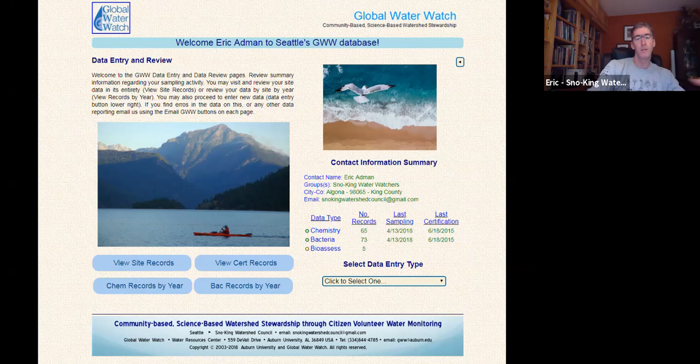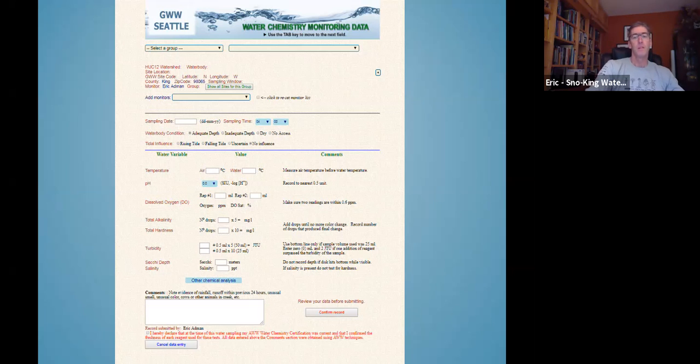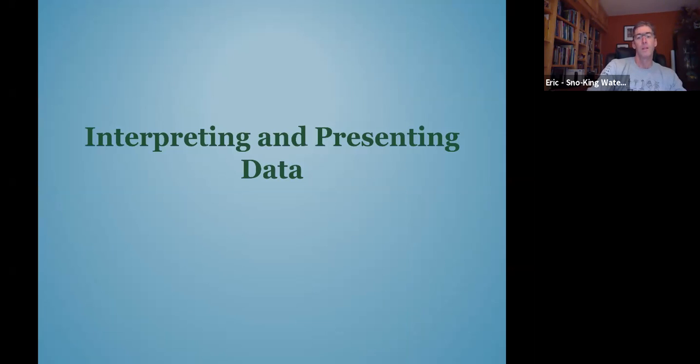So I can either view data or I can enter data from this point. This would be the data entry screen once I said I'm going to enter a particular type of data, and this is water chemistry. So this form would pop up. You just tab through and enter the data in this form, and it goes into the Global Water Watch database.